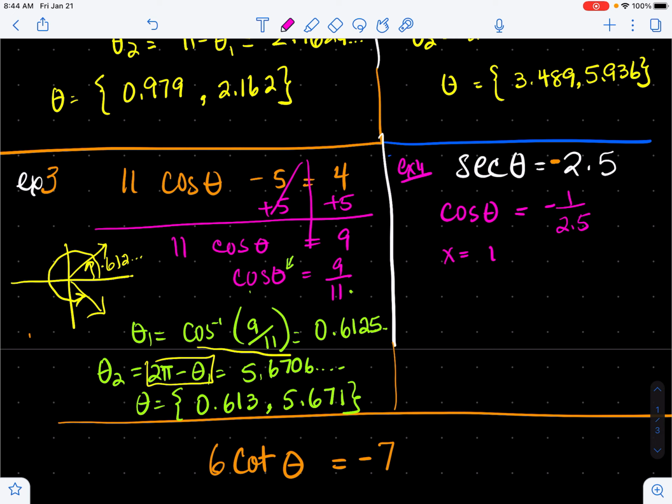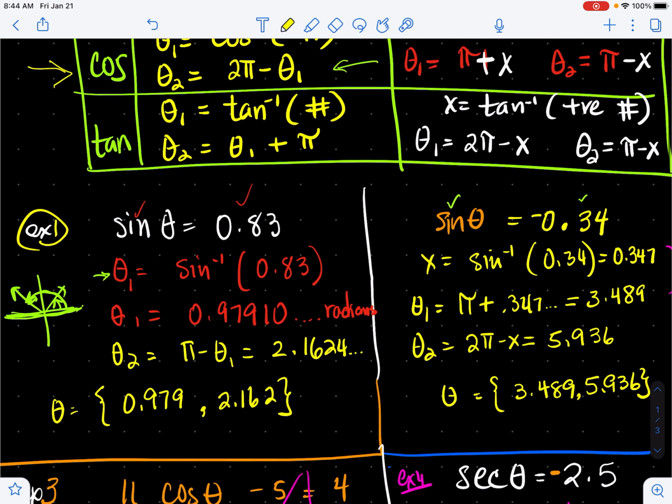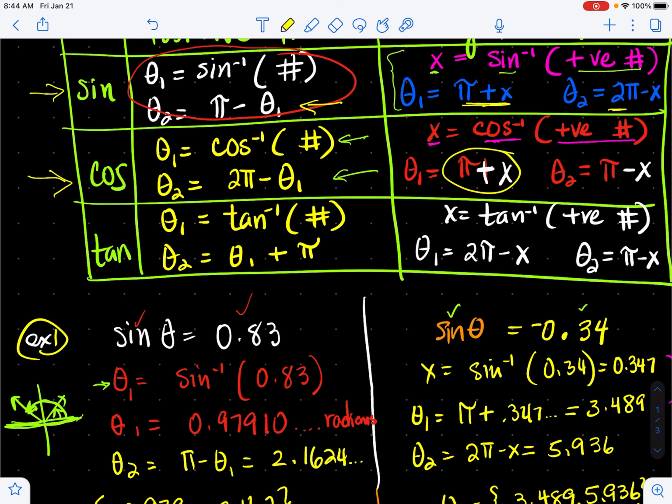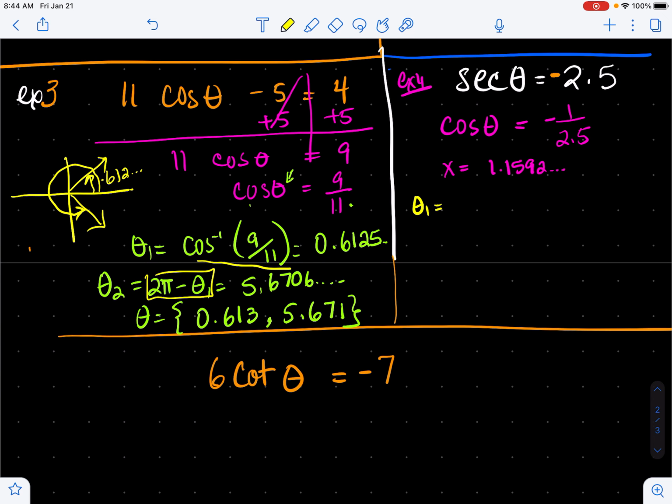X turns out to be 1.1592 radians. Now that x value will help us find both our angles. The first one can be found by going pi plus x and then pi minus x. And we should already have that value up here.